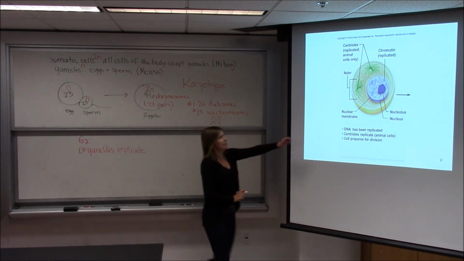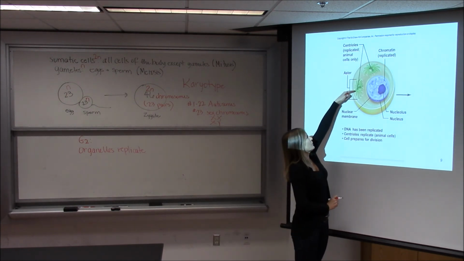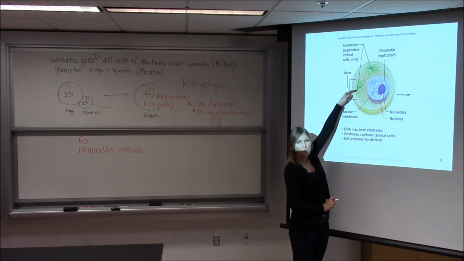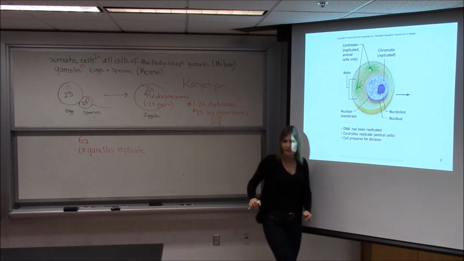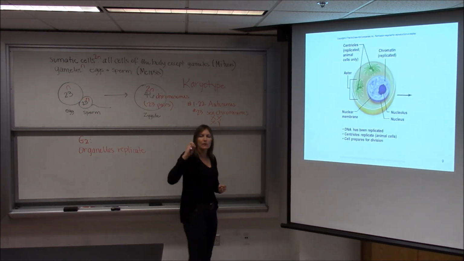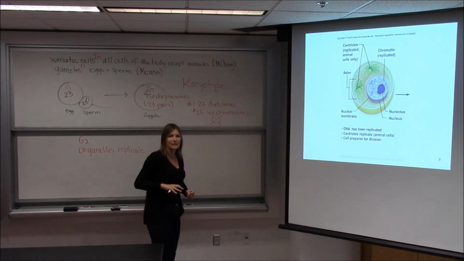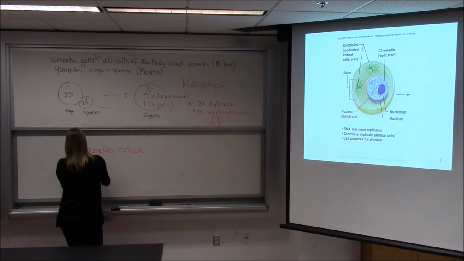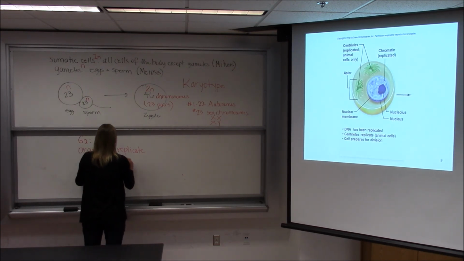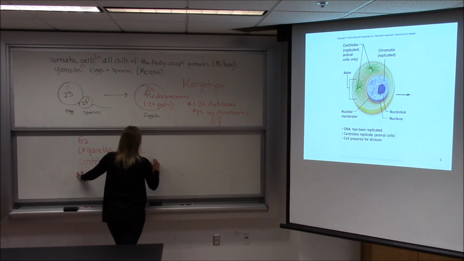The other thing that happens is this structure called the centriole is going to replicate. We had just one, and now we need two because they're going to need to move to opposite poles of the cell. The centriole is where those microtubules are going to assemble. So the centriole replicates. We go from 1 to 2.